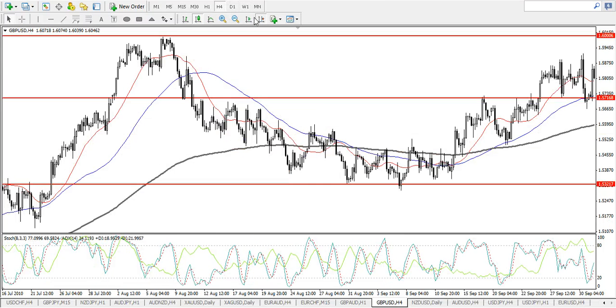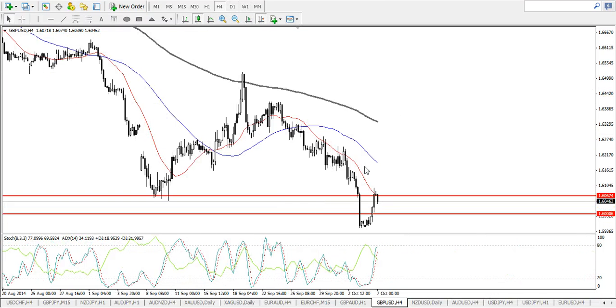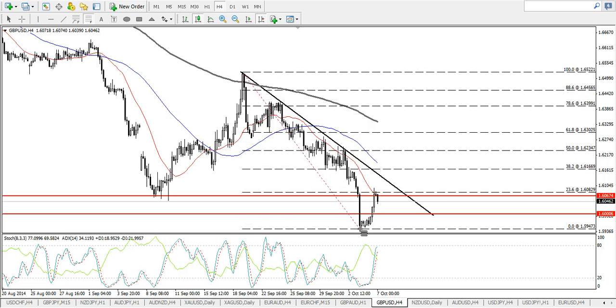Now back to the 4-hourly chart itself, we can see that the retracement seemed to have completed a little bit prematurely in a way, and with a Fibonacci retracement from the top to the bottom, we can see the price is currently registered at the retracement level of 23.6%, as well as a previous support level.